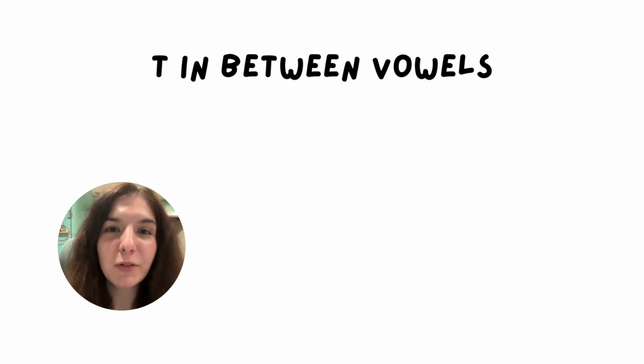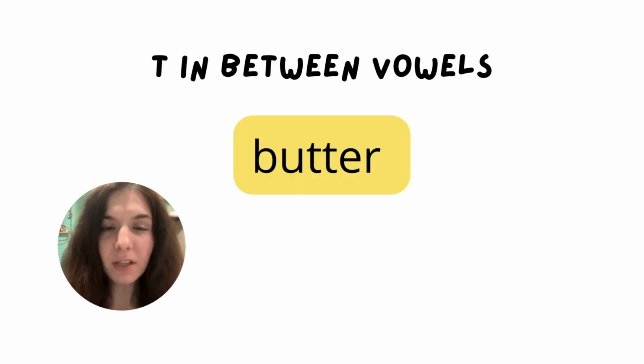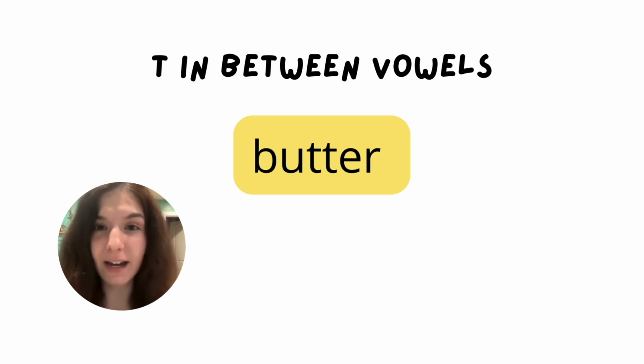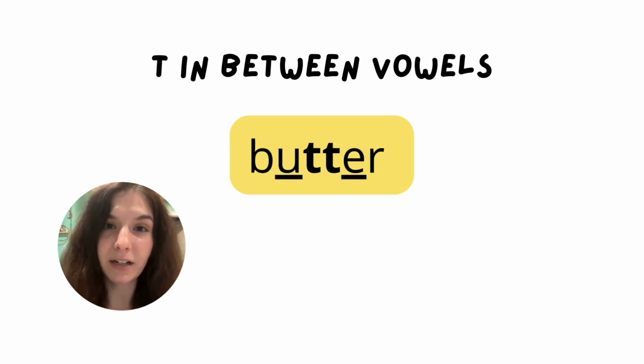So returning to our first situation, a T can turn into a fast D sound when it is in between 2 vowels. Take, for example, the word butter. I'm not actually saying butter with a T, but as an American, I pronounce this as butter, with a D sound, because the T sound here is located in between 2 vowel sounds.